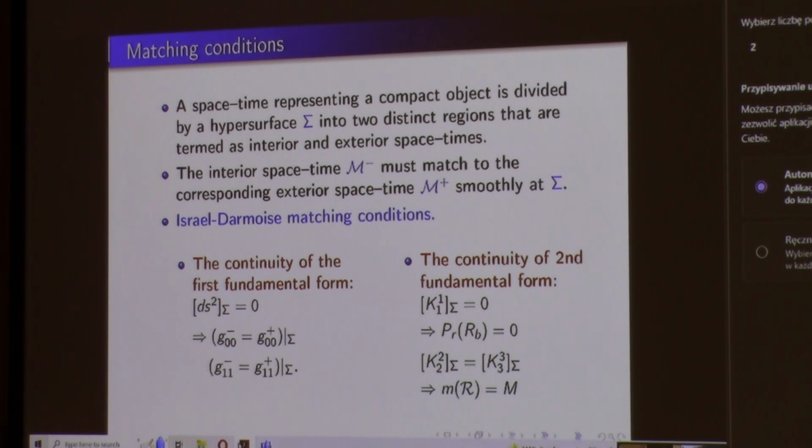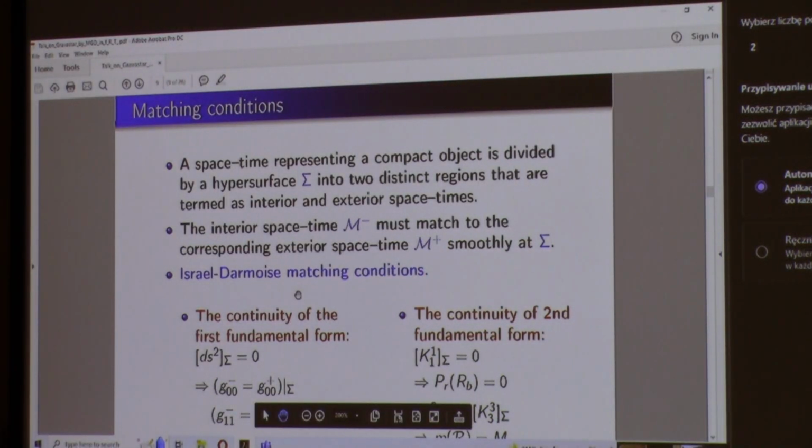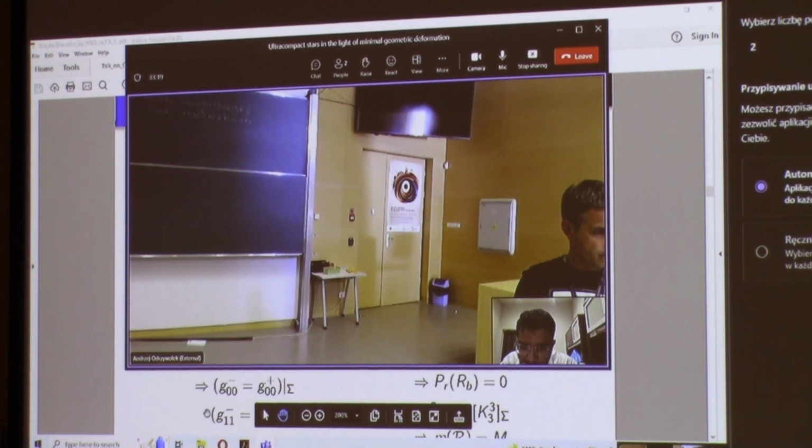And I'm asking this because I believe that if you drop that assumption, so you keep GTT continuous but allow GRR to be discontinuous, you can find more solutions than the ones you found. Because you mentioned gravastars have an interior plus a shell plus an exterior, and in your case, because you make this assumption, you don't have the thin shell, but you could have if you allow GRR to be discontinuous.